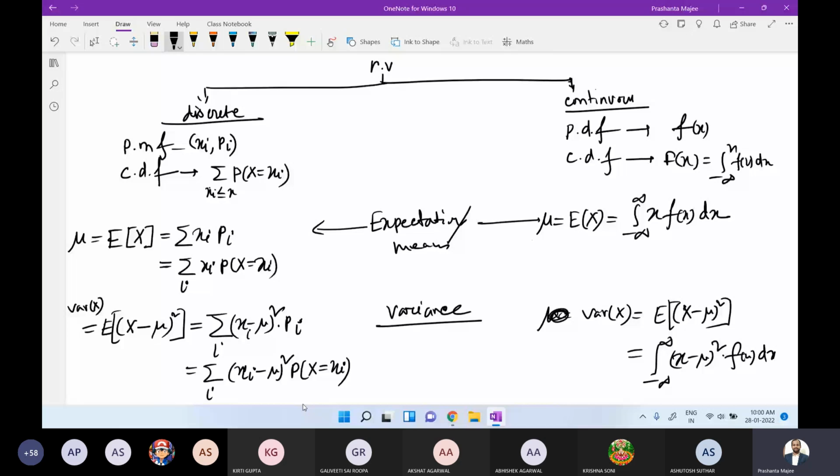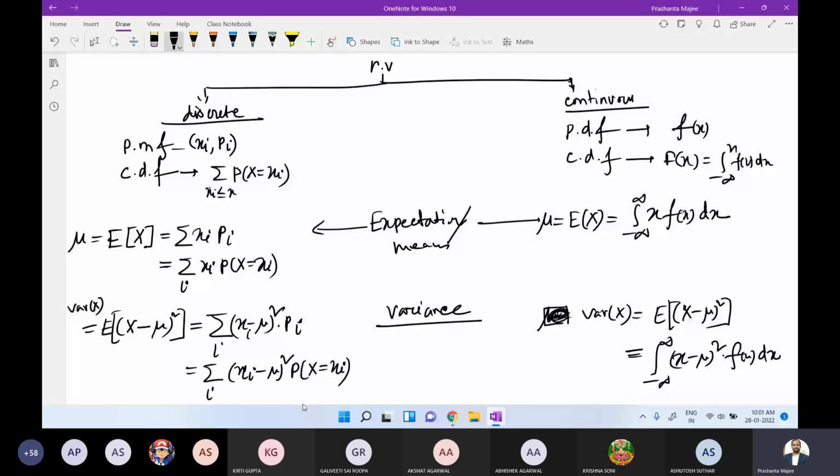In case of discrete random variable, it tells you the average difference between the mean and the probability masses. What is the average difference between the mean value and the other possible outputs, other possible xi?